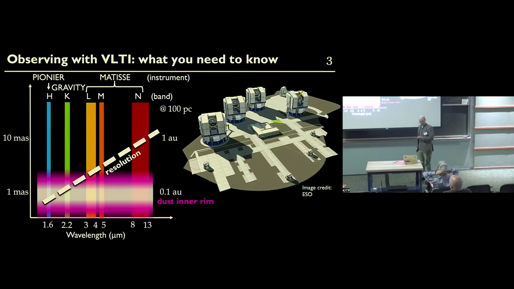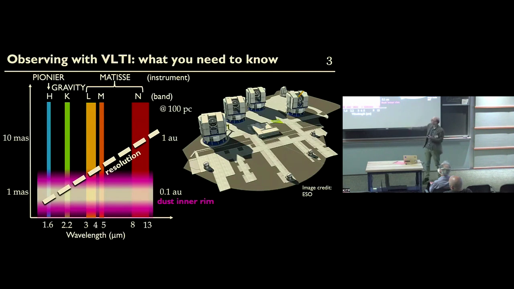The dust inner rim for usual T Tauri and Herbig stars is around 0.1 AU with some scatter, also depending on the stellar luminosity. You can see from this plot that we can resolve the dust inner rim with the near-infrared instruments, but not with the mid-infrared instrument.